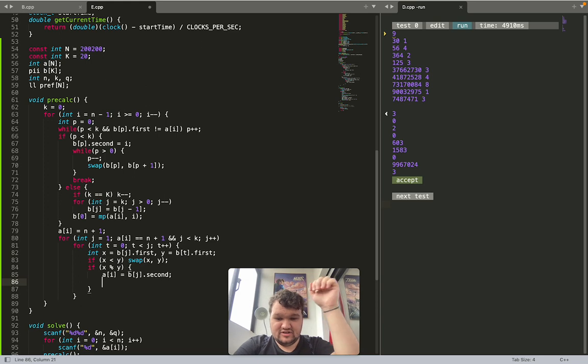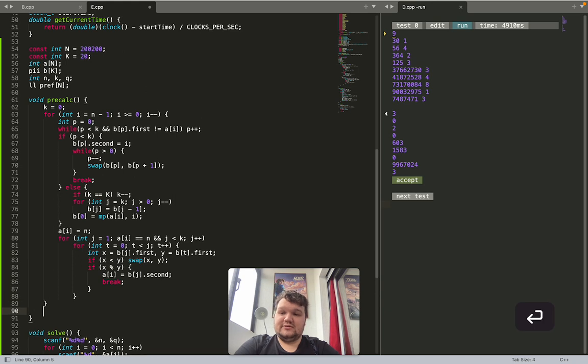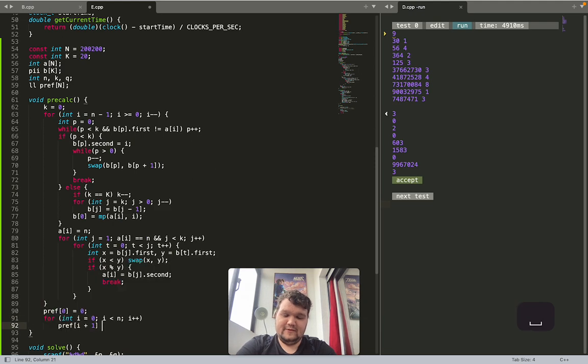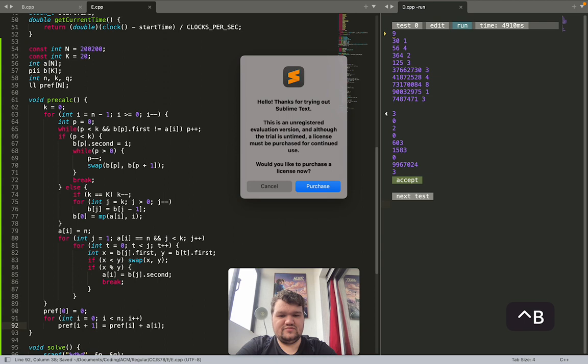So if my right border is here, it's bad. Consistency, that should be right. And just calculate prefix sums of those right borders.